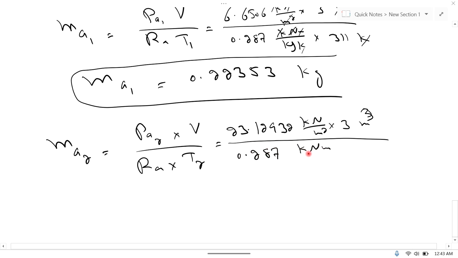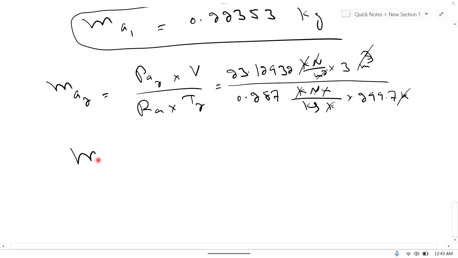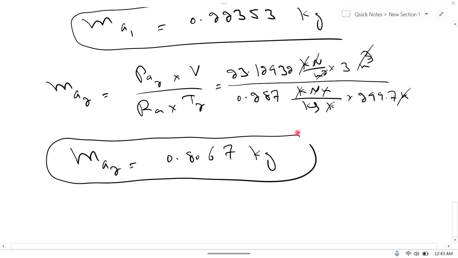Joule is equal to Newton meter, per kilogram per Kelvin. Multiply by T2, which is 299.7 Kelvin. Kelvin is cancelled with Kelvin, kilo with kilo, Newton cancelled with Newton, per square meter and per meter is per cubic meter, cancelled with cubic meter. So MA2, kilogram is in the numerator, which is equal to 0.8067. Now mass of air initially and finally is known to us.